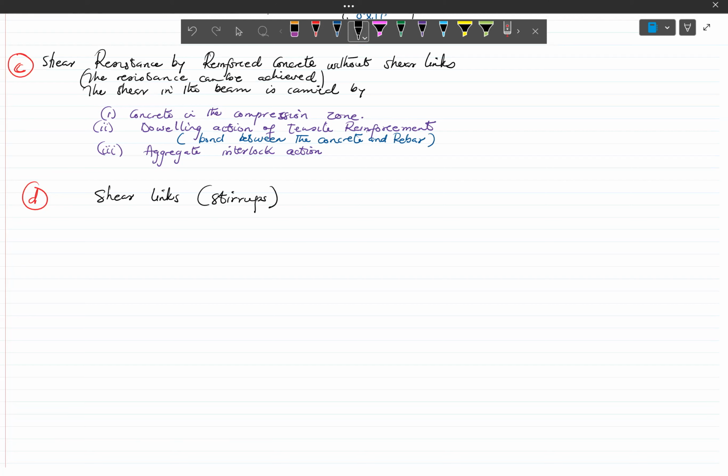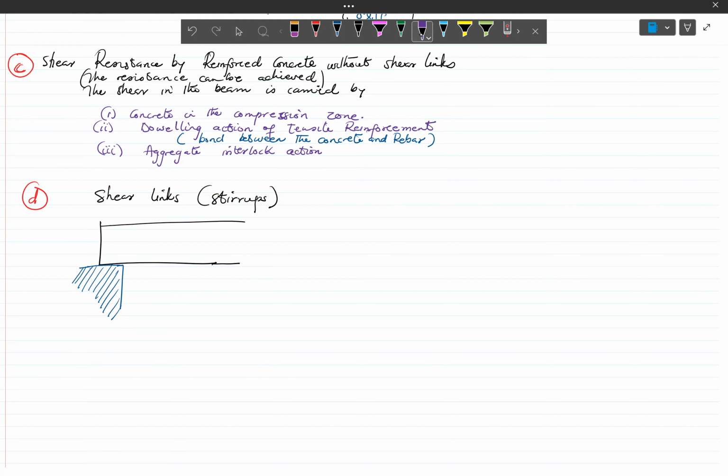The way concrete behaves when you have stirrups in there is similar to a truss. Okay. So let's say I have this huge concrete beam. So I have the column as support.